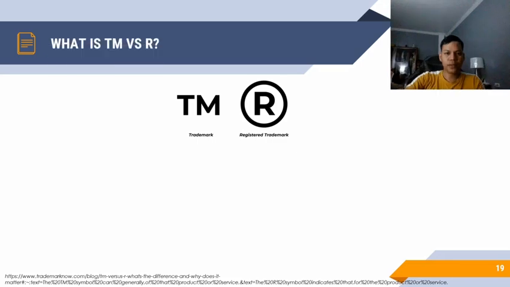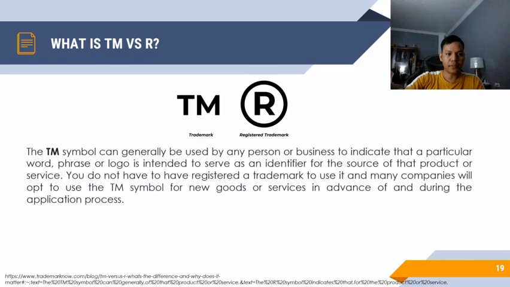So now we will talk about the difference between trademark and registered mark. Okay, what's the difference between trademark and registered mark? The TM or the trademark symbol can generally be used by any person or business to indicate that a particular word, phrase, or logo is intended to serve as an identifier for the source of that product or service.